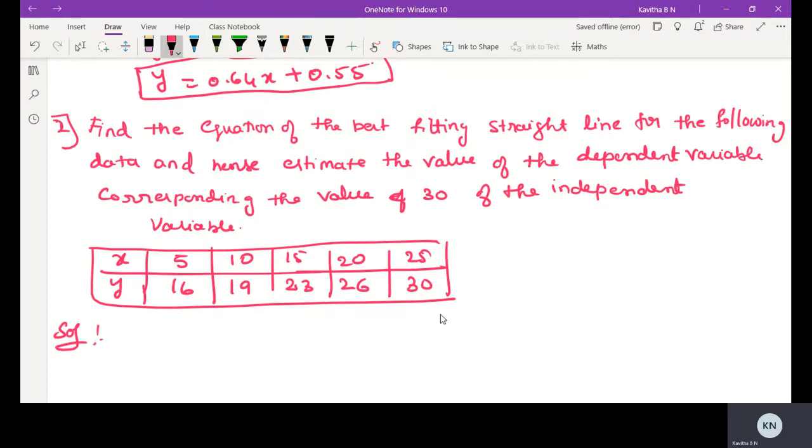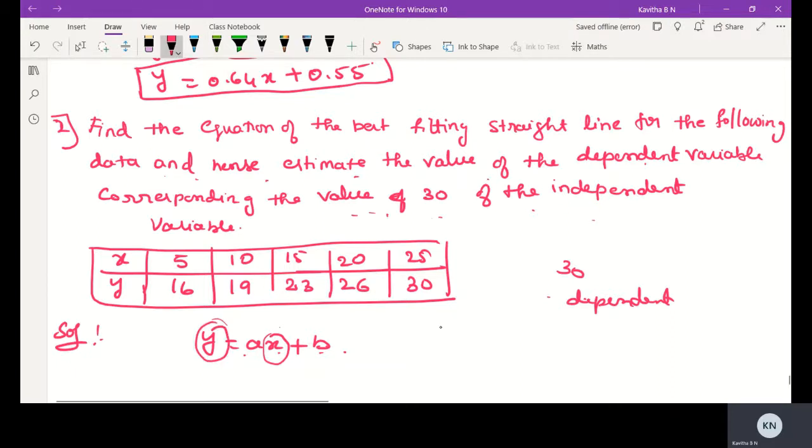Find the equation of the best fitting straight line for the following data, and then estimate the value of the dependent variable corresponding to the value 30 of the independent variable. Observe here y is equal to ax plus b. The independent variable 30 is given. We need to find the dependent variable using y is equal to ax plus b. Here x is the independent variable, but y is dependent.